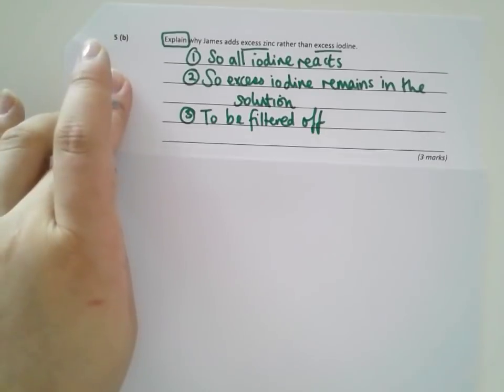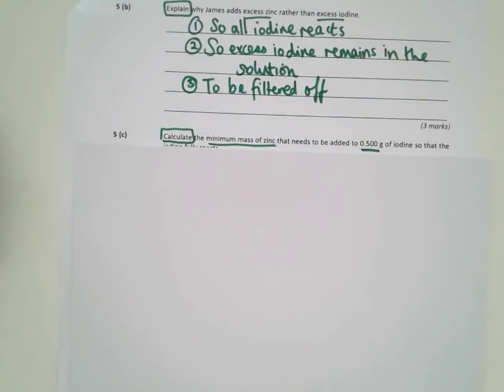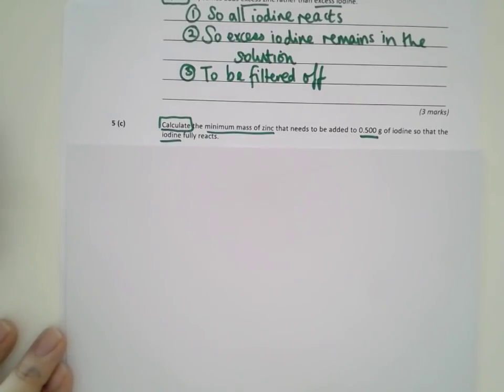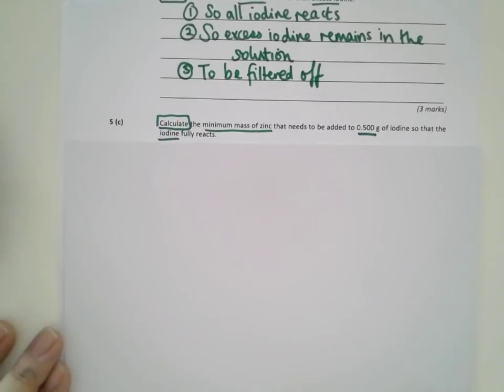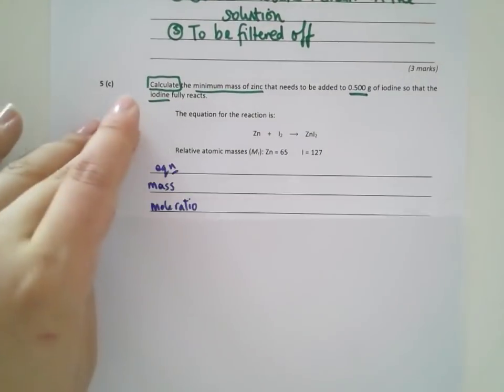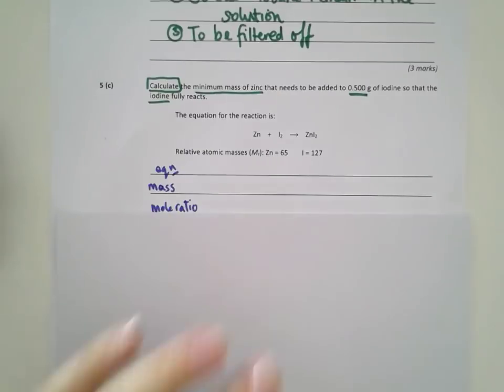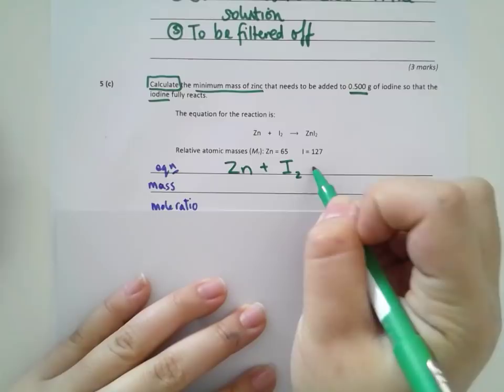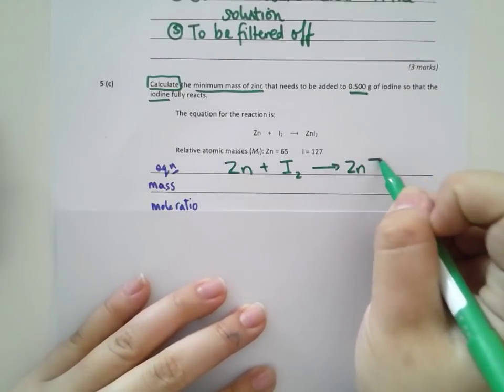Okay, final question here is to calculate the minimum mass of zinc that needs to be added to 0.5 grams of iodine so the iodine fully reacts. Now, you've done this method quite a few times now, so I hope a lot of you are getting 4 marks. So it gives you the equation and it gives you the relative atomic masses. So the first thing is to write out the equation again. Zinc plus iodine produces zinc iodide.